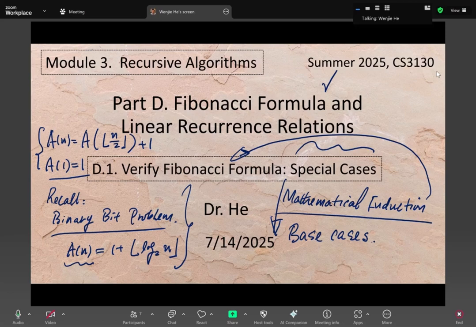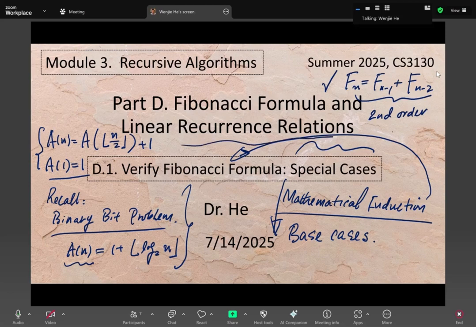So how many is enough? In this one, remember our Fibonacci formula, f sub n equals f sub n minus 1 plus f sub n minus 2. I call it a second order recurrence relation.